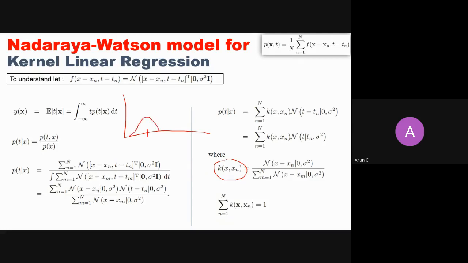There is a distribution for x1, a distribution over x2, a distribution over x4, and here is your x3, and this is your x4.